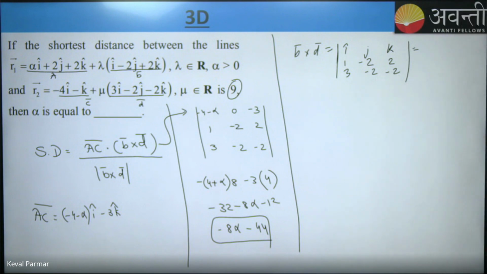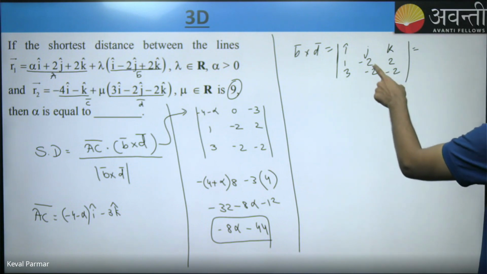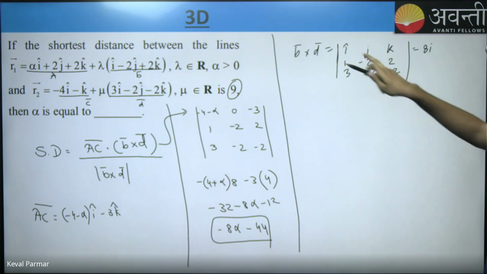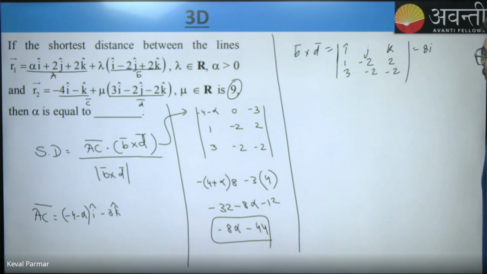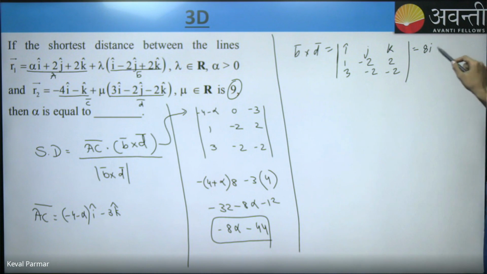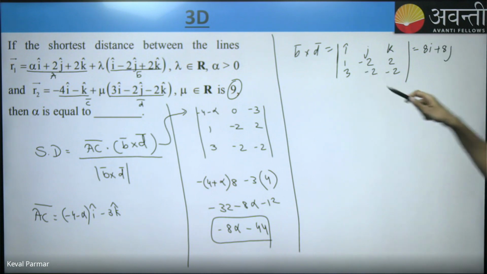I into 4 plus 4, 8I, minus 2 minus 6, minus 8J, K minus 2 plus 6, plus 4K.